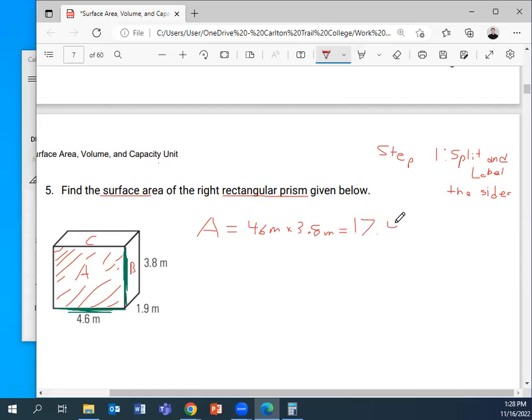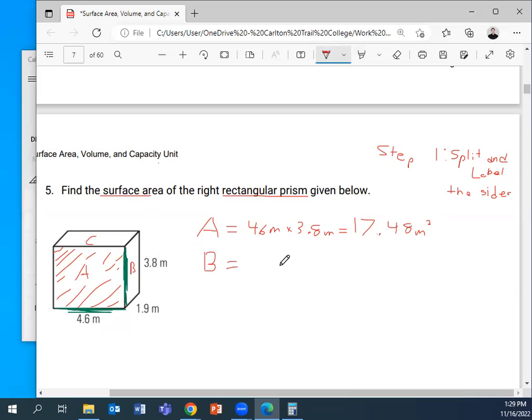You betcha, 17.48 meters squared. So if you don't want to write a novel for each of them, this shows your work. This tells me that side A is the length times the width, which are these, equals this. That's a nice way to shorten how much you need to write down while also keeping it organized, right? So let's go into side B.